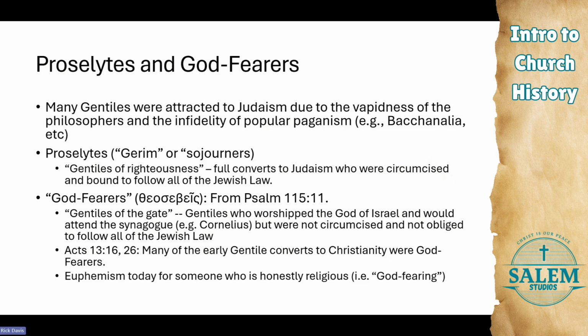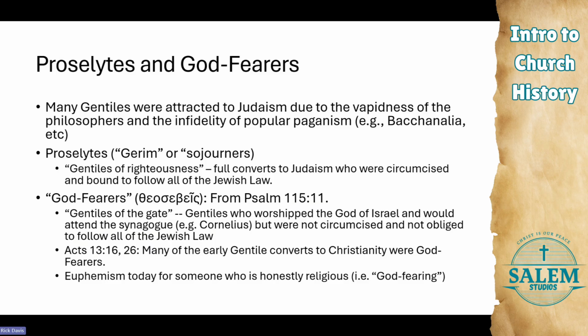Think about drunken festivals like the Bacchanalia. And so there were a number of Gentiles who eschewed pagan religion as well as philosophy, and found within Judaism a form of devotion to God that they thought was more pure.